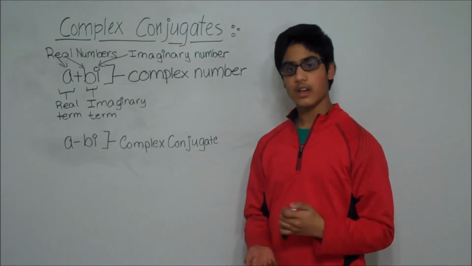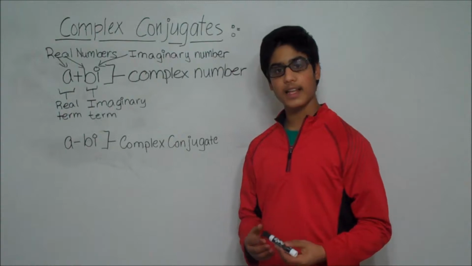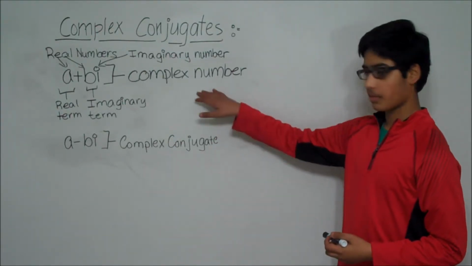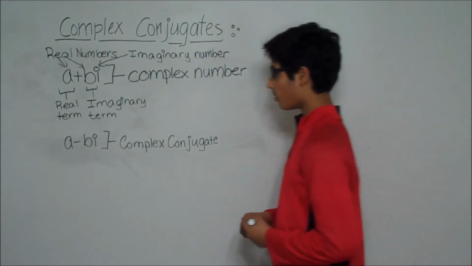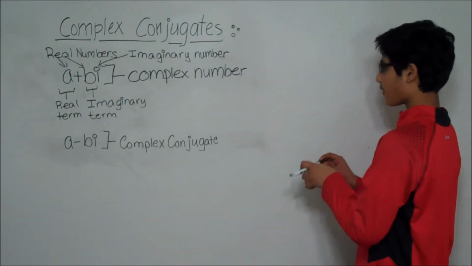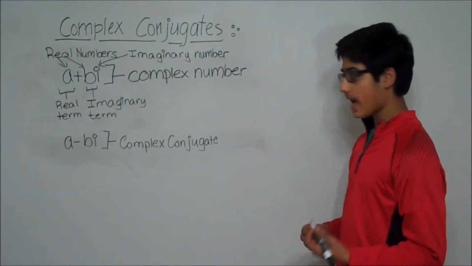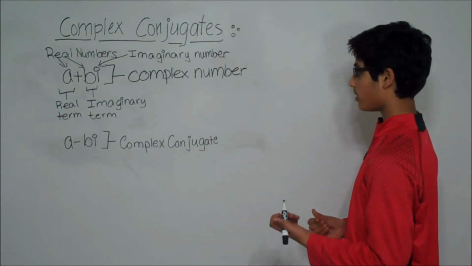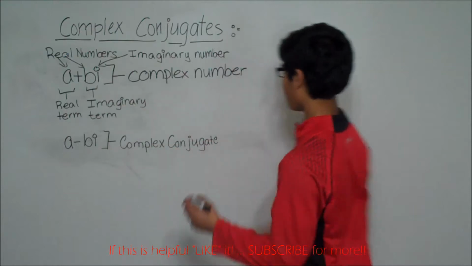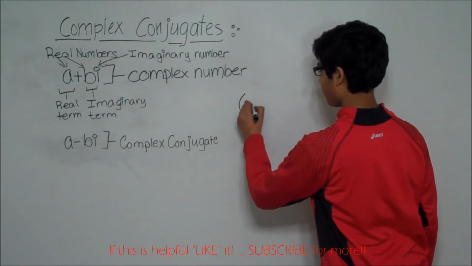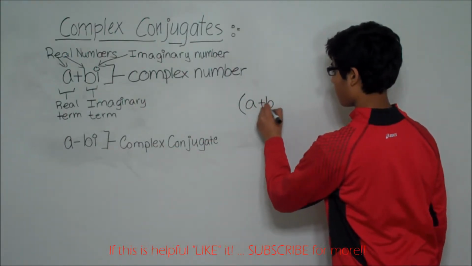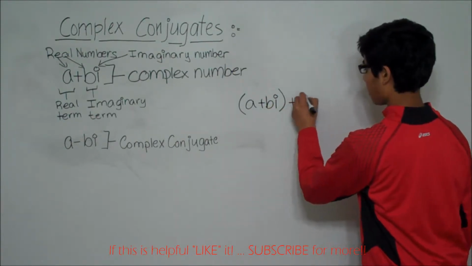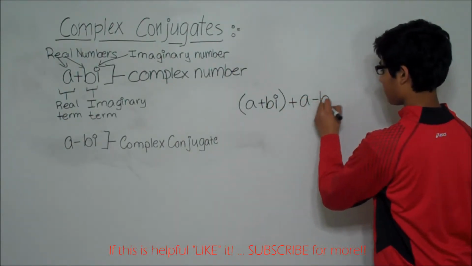Now, let's see what happens when you multiply, add, and subtract complex conjugates and complex numbers. Let's first learn what happens when you add a complex number with a complex conjugate. We have a plus bi plus a minus bi.